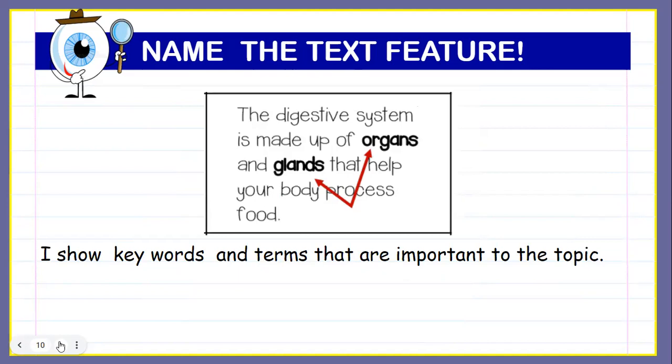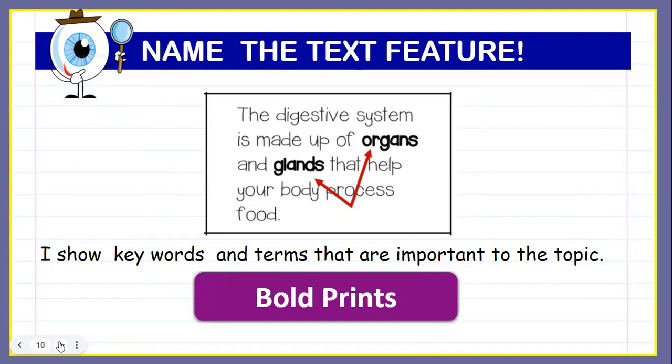All right, name the text feature. I show keywords and terms that are important to the topic. Now, what could this text feature be? If you said bold prints, then you are correct. Bold prints are text features.